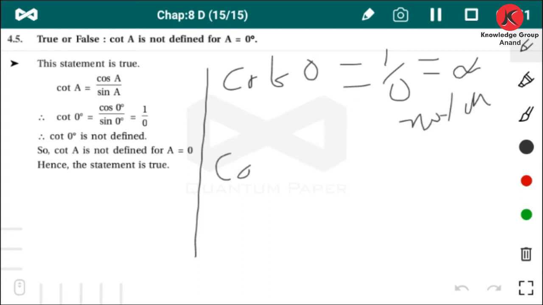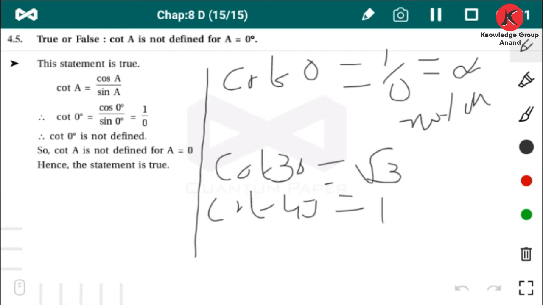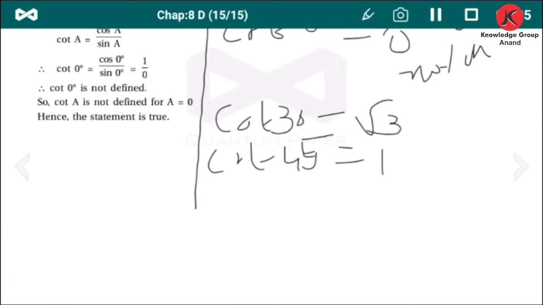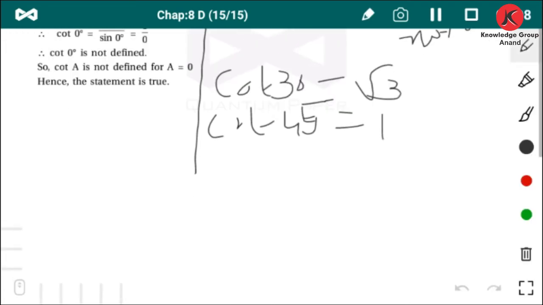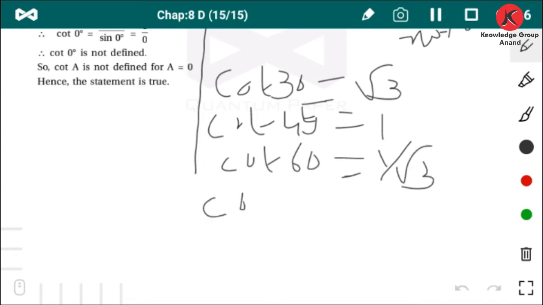Suppose we take cot 30, which is root 3. Cot 45 is equal to 1. Cot 60 is 1 upon root 3, and cot 90 is 0.